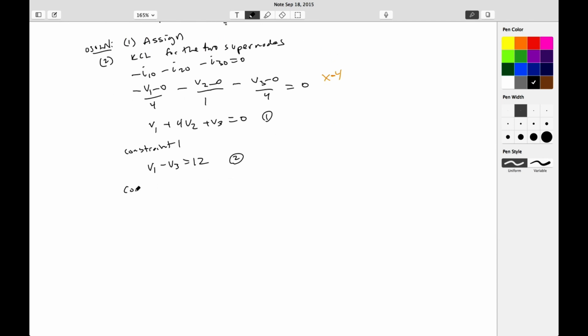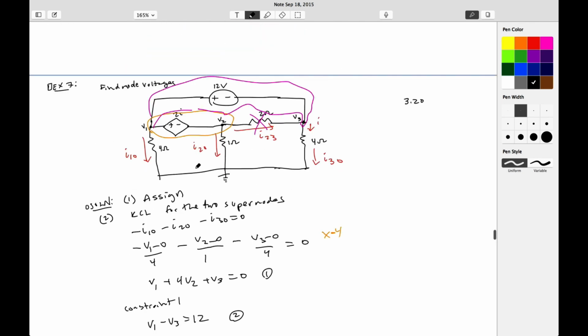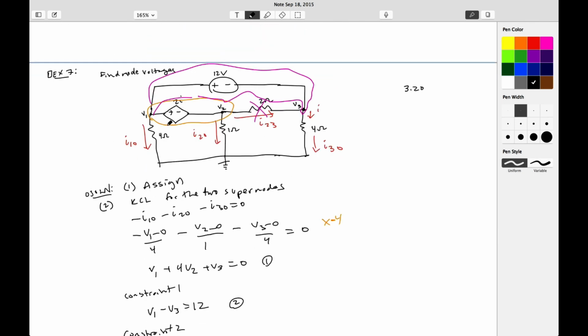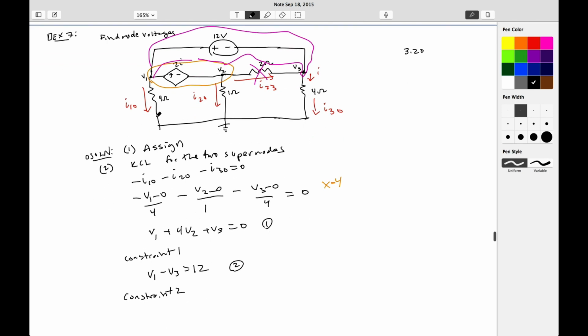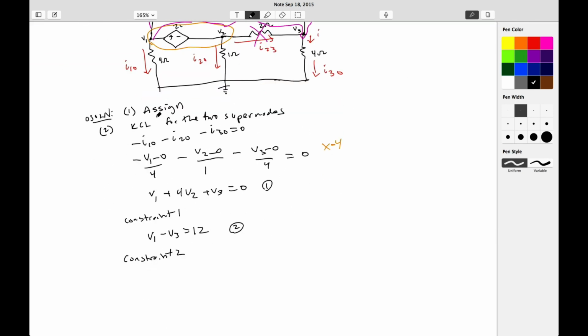And then I need to write constraint 2. Now I'm looking at the orange encircled one, that's the dependent source. I know that V1, which is at the plus side, minus V2, which is at the minus side, has to equal 2I.